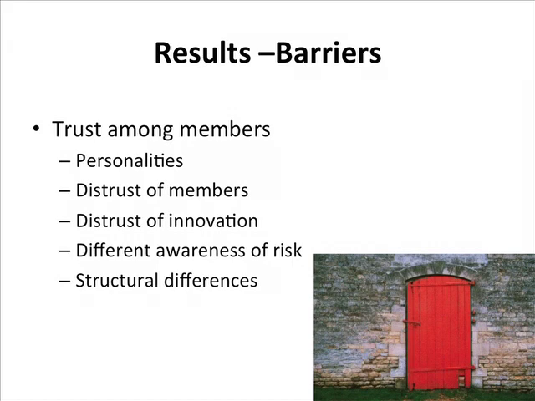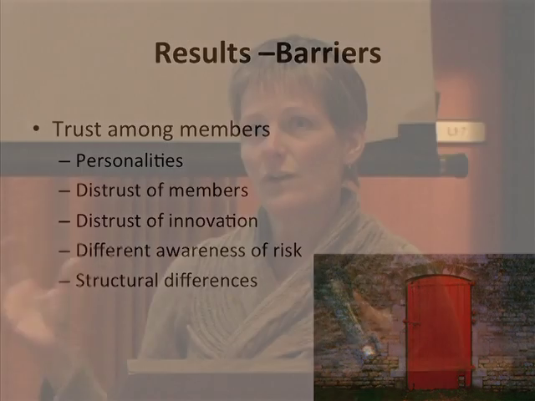But there is also distrust of different members. These are all agencies and groups and individuals that had worked with each other at different times, and there might have been some suspicion about agendas and motivations. What are you really doing here? And that applied not only to individuals, but also organizations, and particularly between NGOs and governments, as an example.